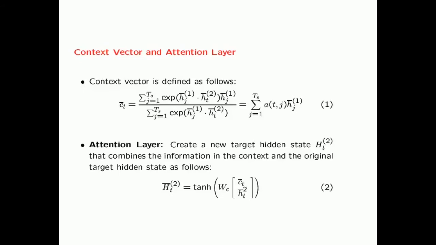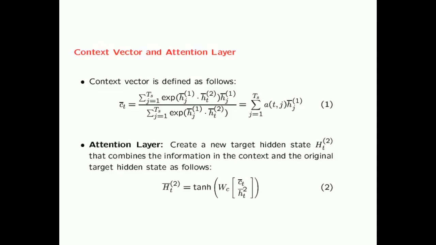ATJ tells you, for position T in my target sentence, how much attention I pay to location J in the source sentence. And this ATJ lies between 0 and 1.